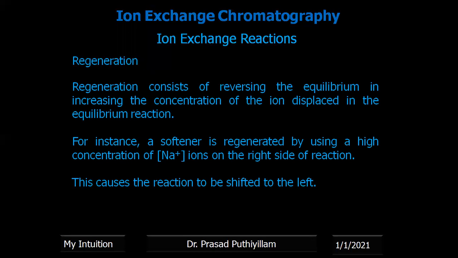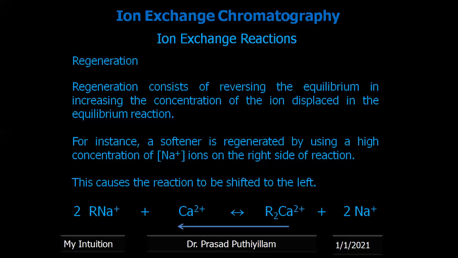That is, whatever the ion that is replaced, we have to increase its concentration in the ion exchange resin column, then the reaction will be reversed. For example, the softener is regenerated by using a high concentration of Na+ ions on the right side of the reaction. It causes the reaction to be shifted to the left side, and we will be getting the regenerated ion exchange resin.